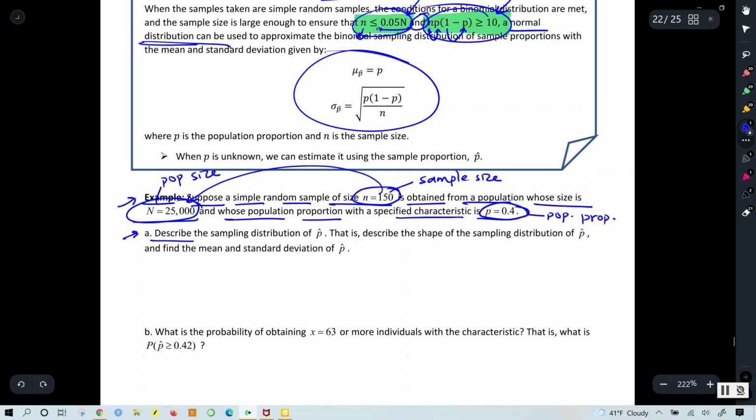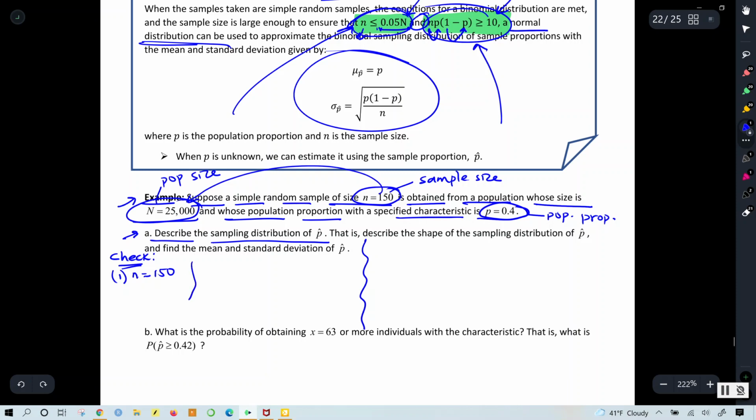Question A, we're to describe the sampling distribution of P hat. I'm going to split this into two. What you first want to do is to check a couple of conditions first. You have to check this first condition and this second condition. That is, one, what is my n? My lowercase n, the sample size, is 150.